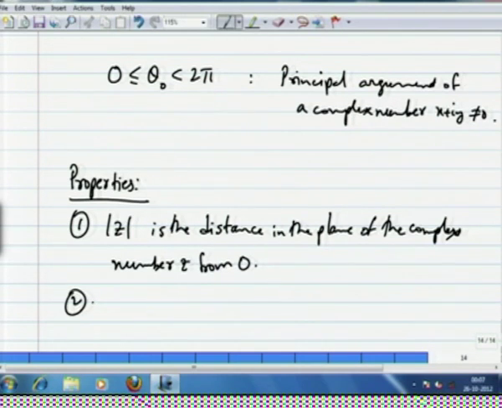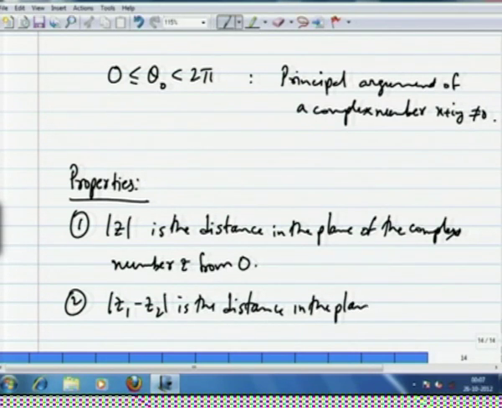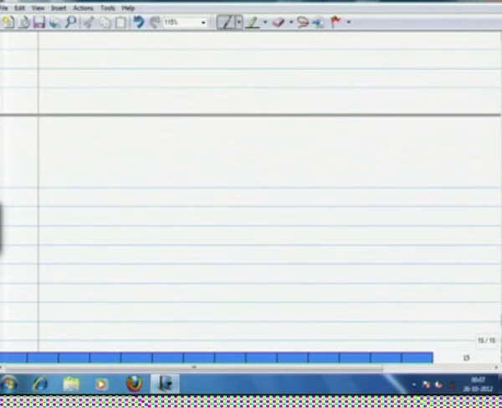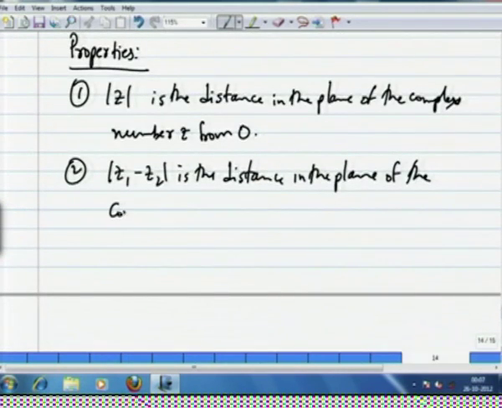This is the usual Euclidean distance. And then the modulus of z 1 minus z 2 is the distance in the plane of the complex number z 1 from the complex number z 2, or vice versa.